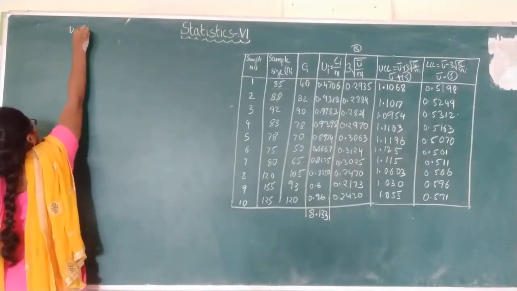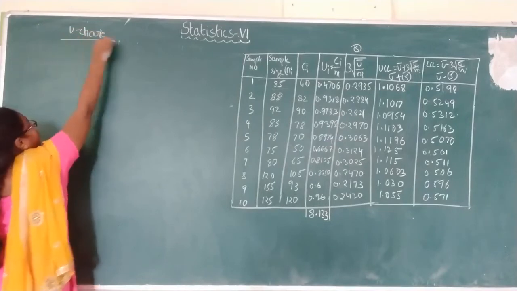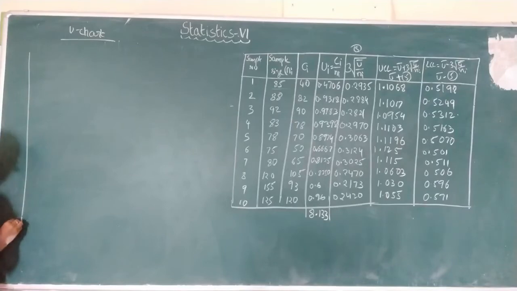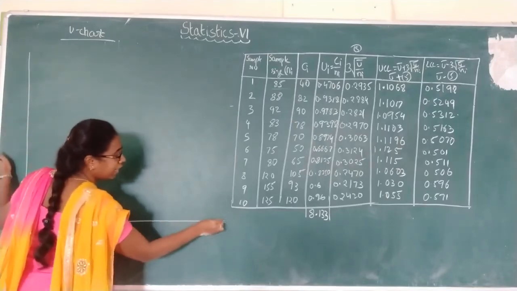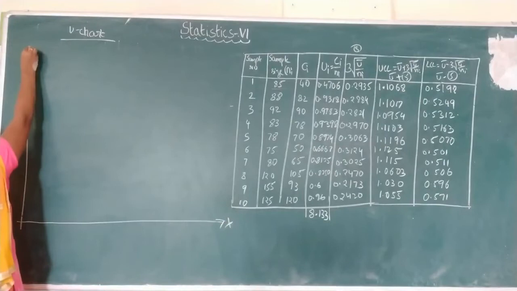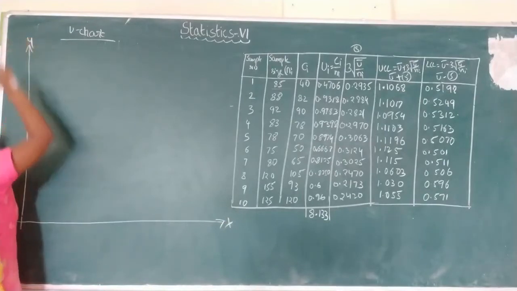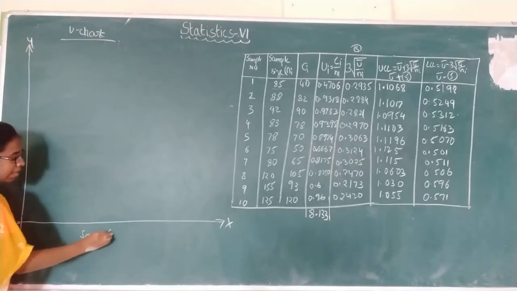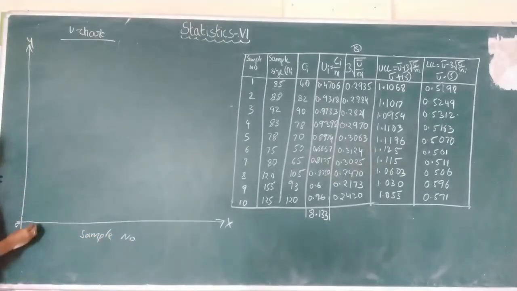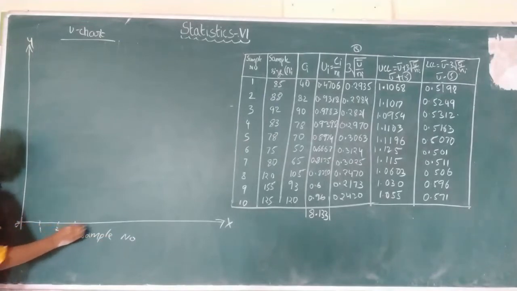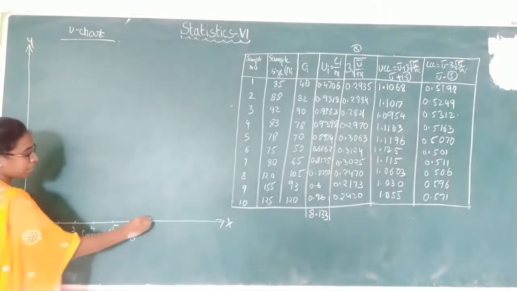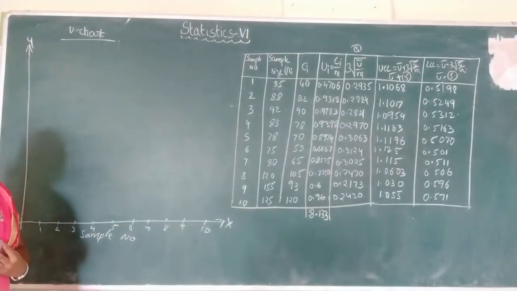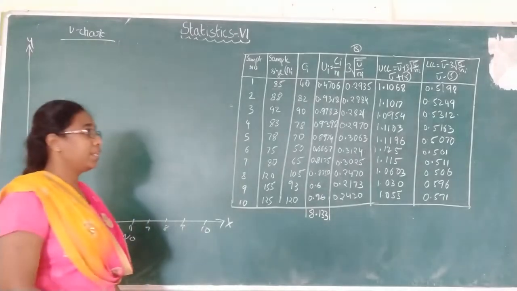If you construct the U chart, how many samples we have? Total 10 samples. So 1, 2, 3, 4, 5, 6, 7, 8, 9 and last 10. On the y-axis you have to plot the UI values and the UCL values.